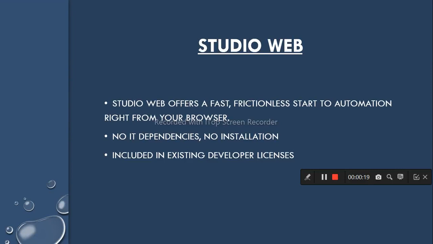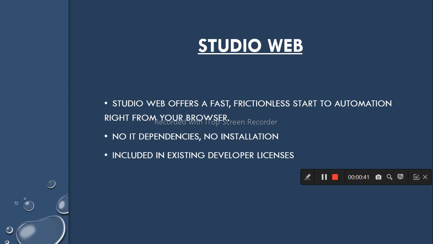So in the browser itself, we can use the Studio, and if we use it in the browser, we get benefits like the process will be fast, and a second advantage is there are no dependencies and no installation required.